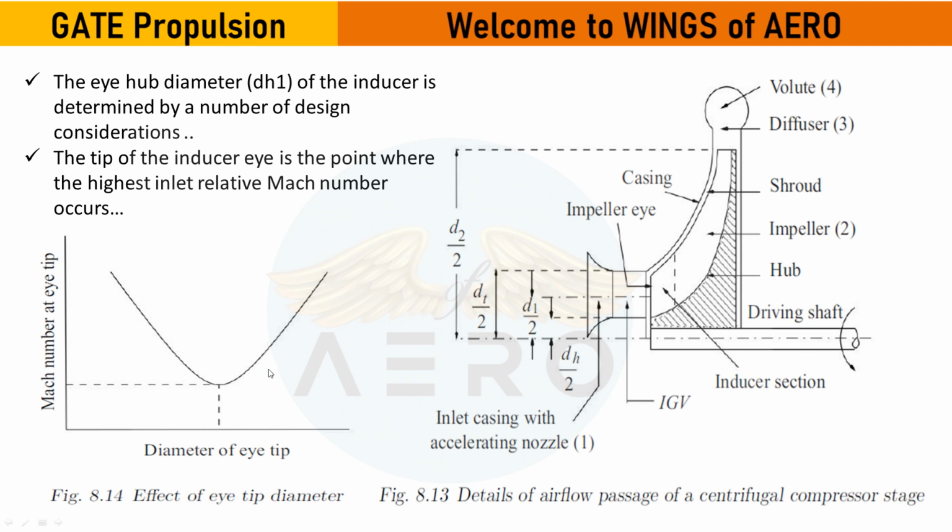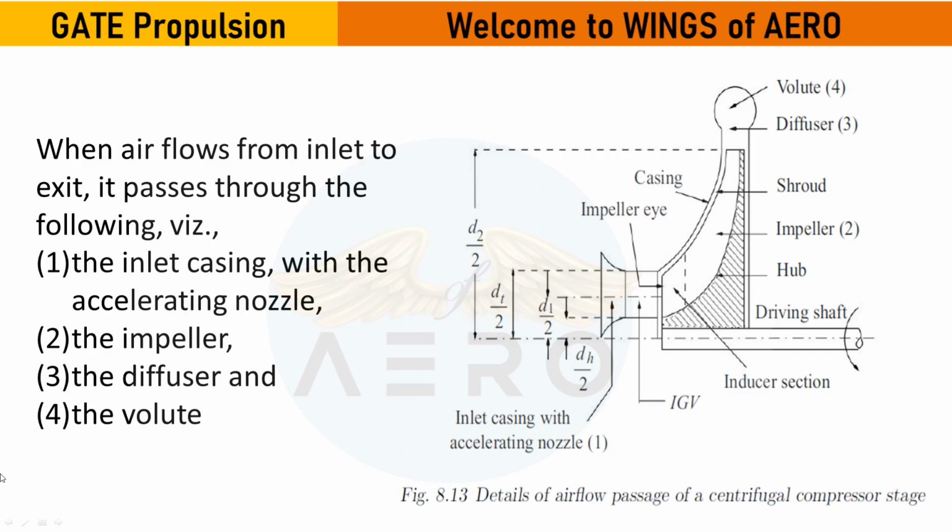This plays a very important role in deciding at what speed the fluid is entering. The accelerated fluid is going to enter the impeller. In the impeller there will be an increase in static pressure, which means the kinetic energy is drastically going down. As it moves further to the diffuser, there is again a reduction in velocity and an increase in pressure, right?